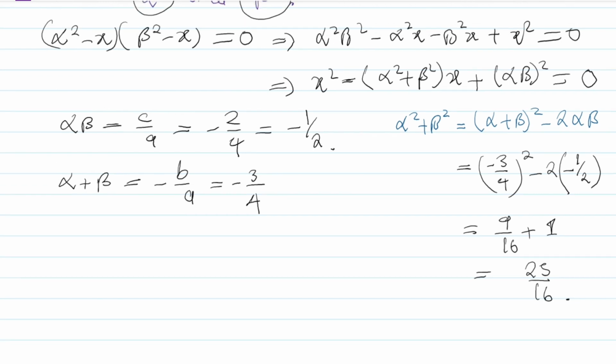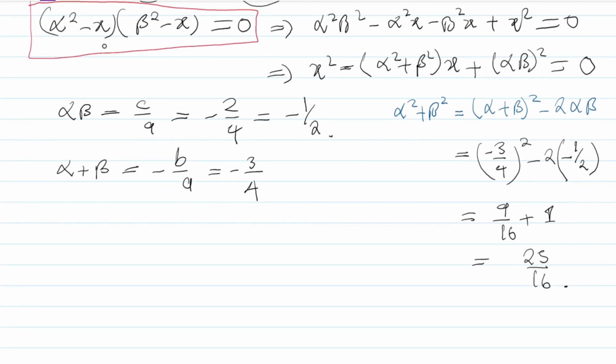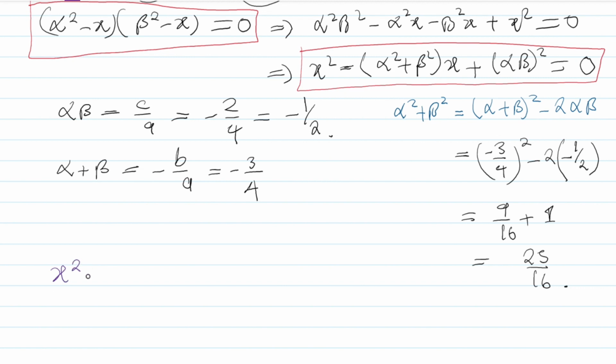All right, so let us come back to our equation. After we expanded this equation, we got this expression. How does that become? This becomes x squared minus, where there is alpha squared plus beta squared, we put 25 over 16, so 25 over 16 x.